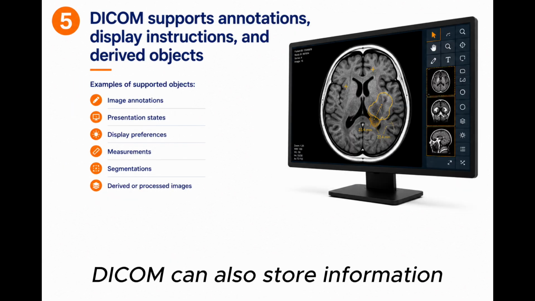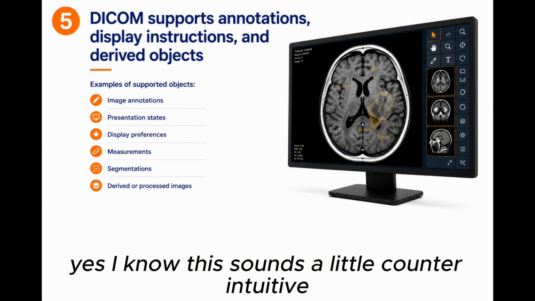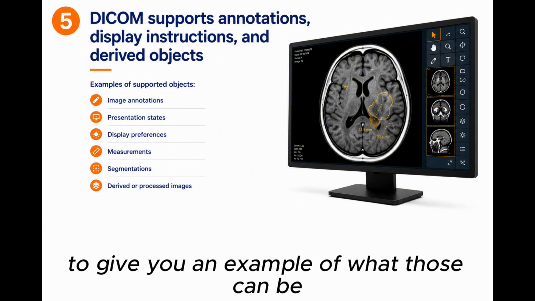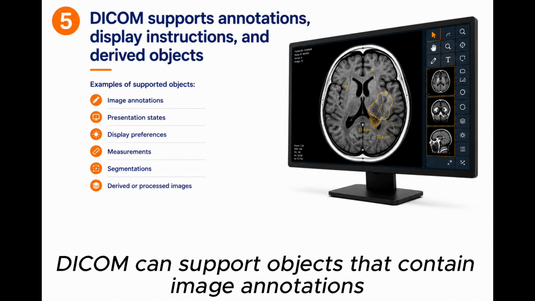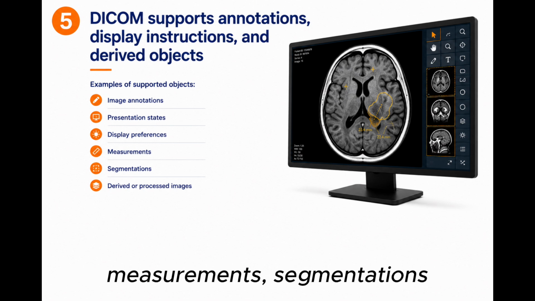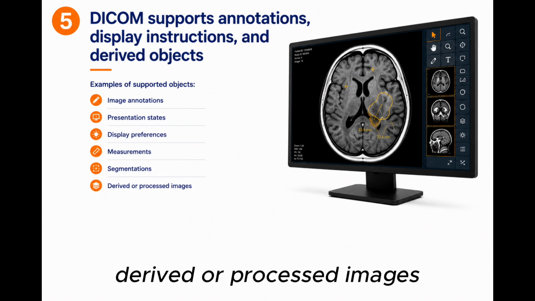DICOM can also store information that is not the original acquired images. Yes, I know this sounds a little counterintuitive, but stay with me for a sec. To give you an example of what those can be, DICOM can support objects that contain image annotations, presentation states, display preferences, measurements, segmentations, key images, significant images that were marked by a radiologist, derived or processed images.